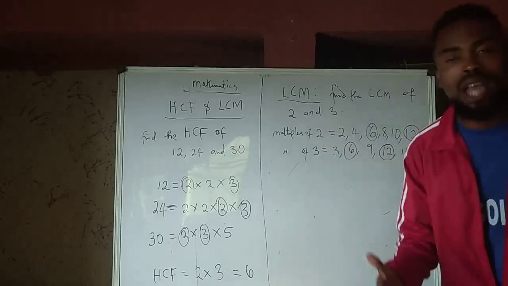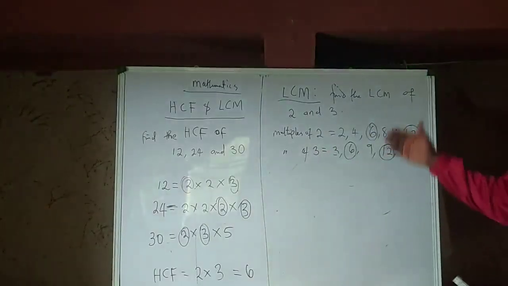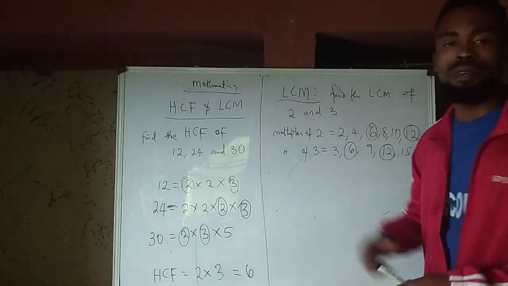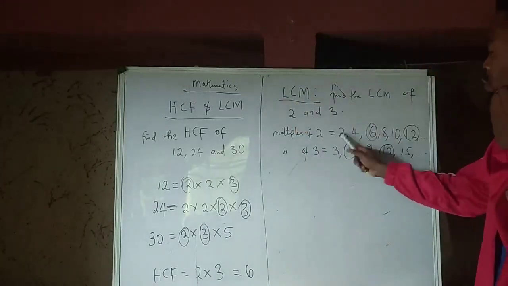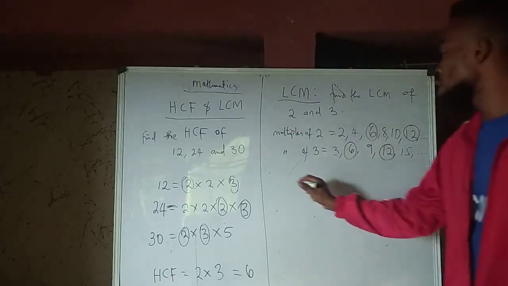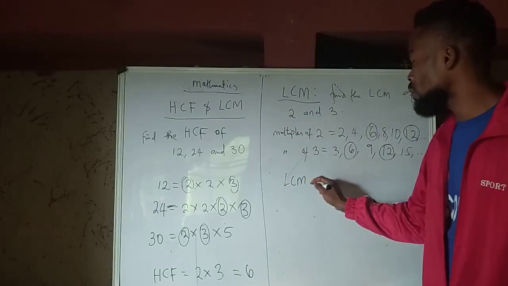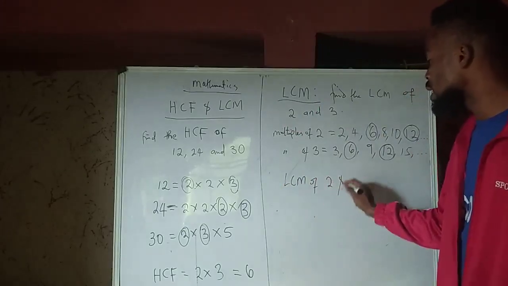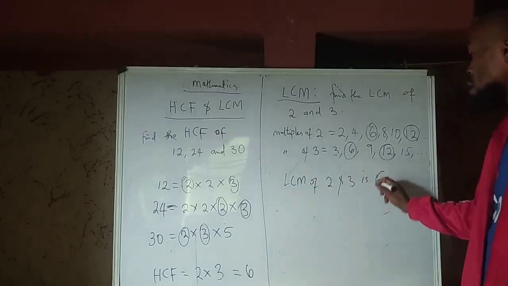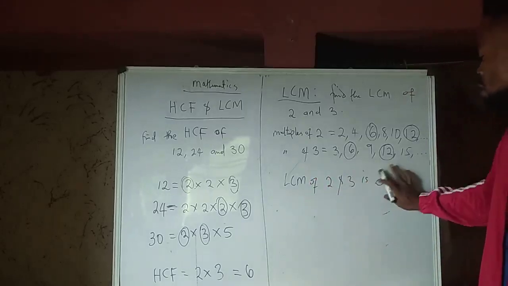But the lowest common multiple of 2 and 3 is 6. That's what we call LCM. So the LCM of 2 and 3 is 6.